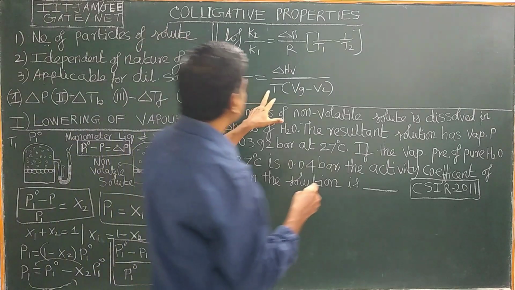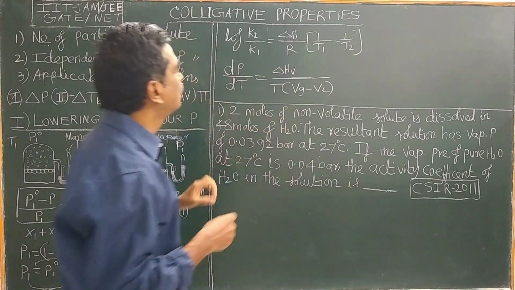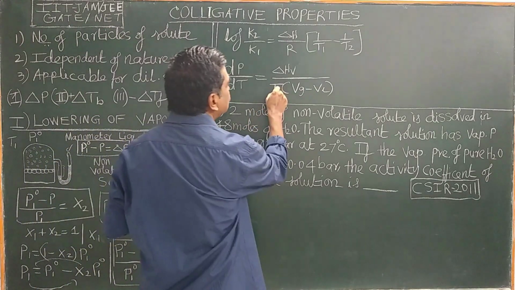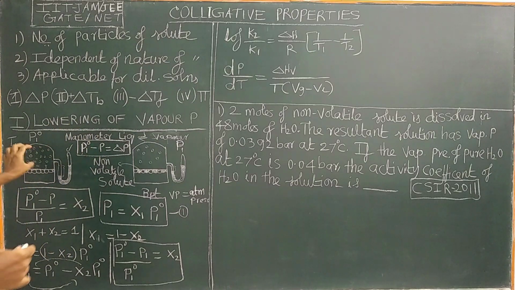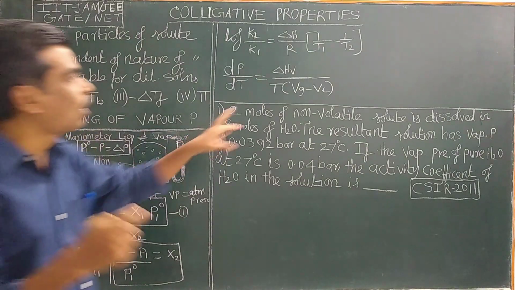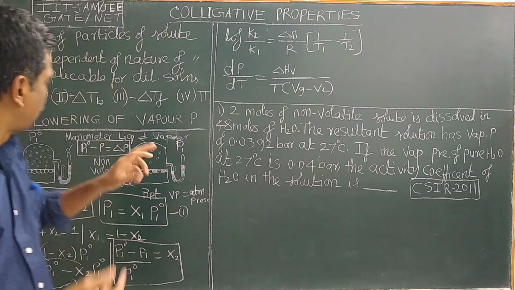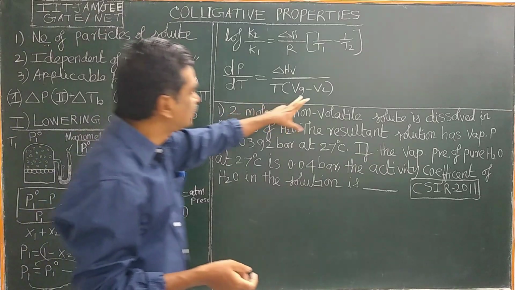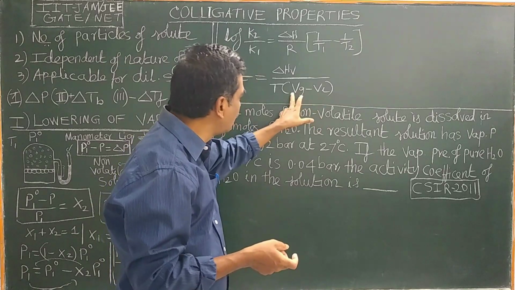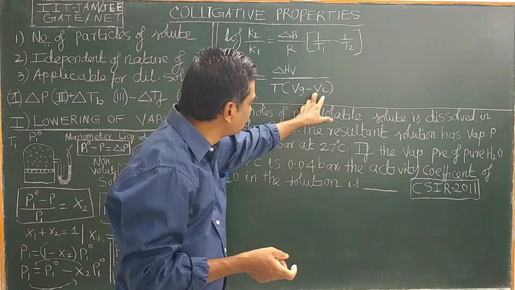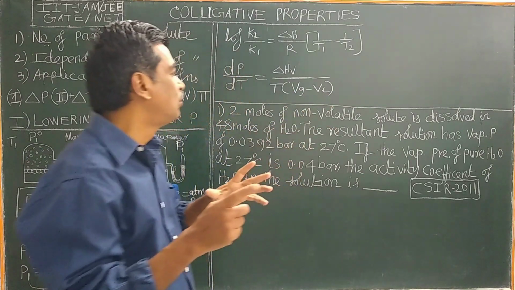So it depends upon the temperature, and T is the temperature, and Vg is the volume of 1 mole of vapor at temperature T, and Vl is the volume of 1 mole of liquid at the same temperature.